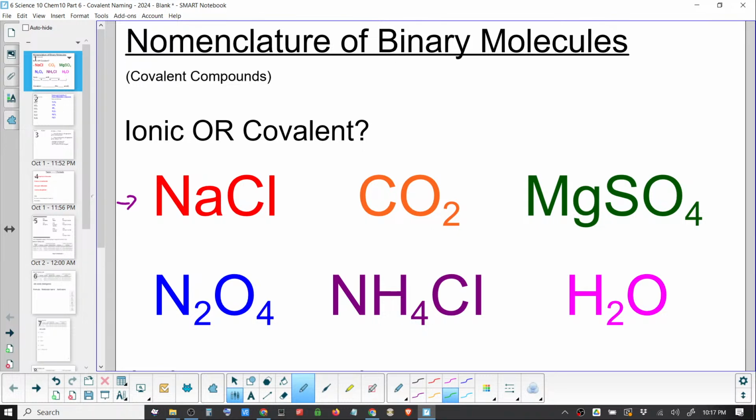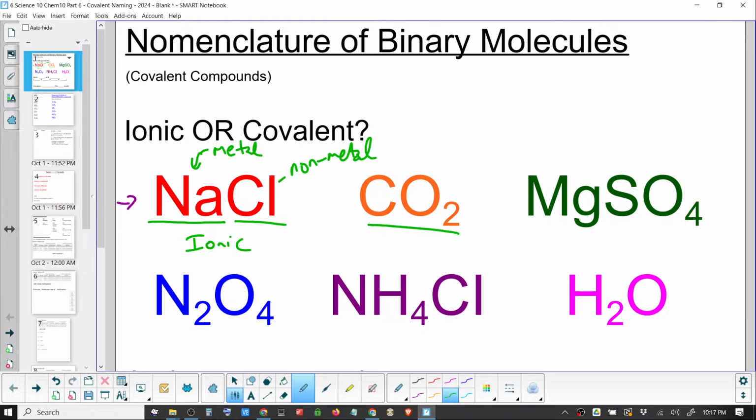Okay, some rules. NaCl is ionic because it has a metal and a non-metal. And that rule will do you in pretty good stead for most of them.